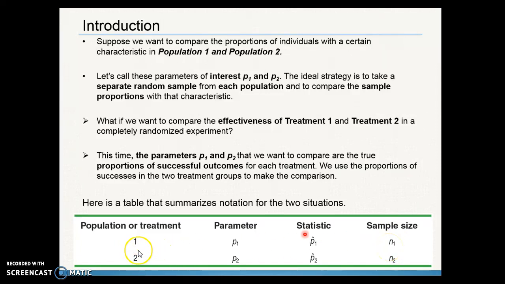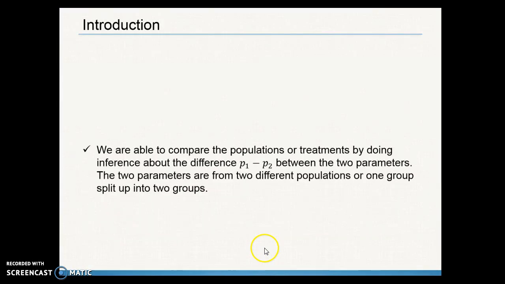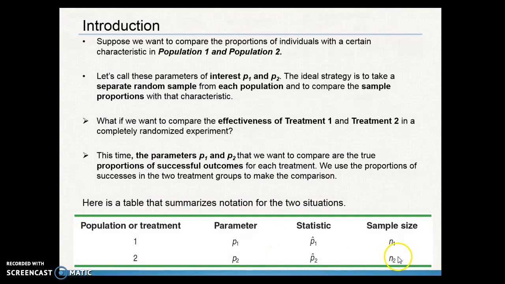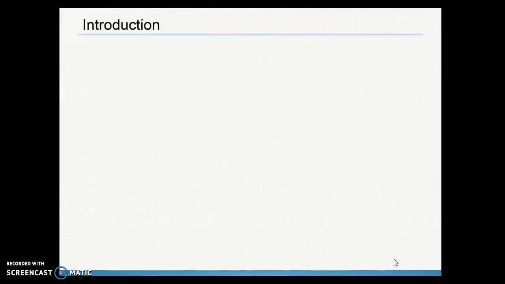Now take a look at the second population or treatment. We have the population proportion P2, and the sample proportion that you actually get is P hat 2. And the sample size is going to be N2. So what's your sample size for your second one?